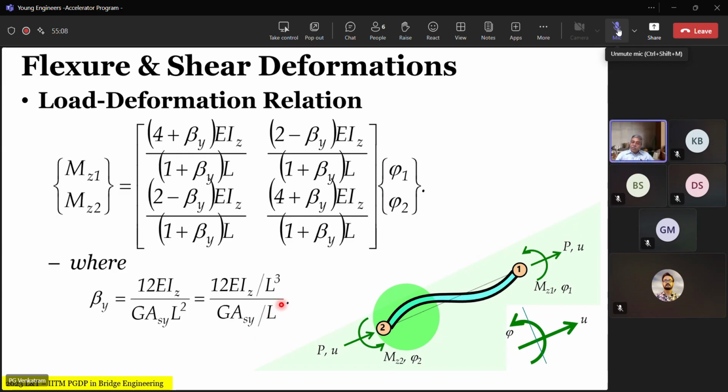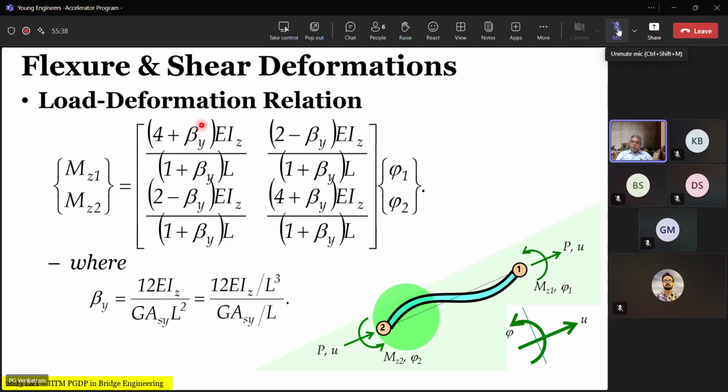When L becomes smaller and smaller, GAsy/L will become a large value, and therefore beta will tend towards 0, and you will have the more conventional equation.